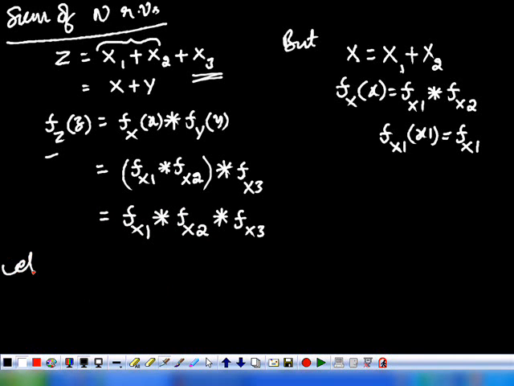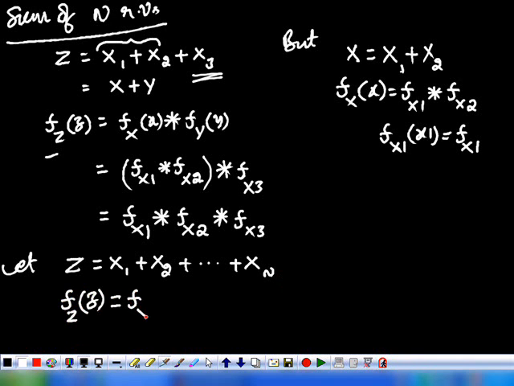Now let z be equivalent to x1 plus x2 and so on up to xn. That is, we have n statistically independent random variables, where z is the sum of these random variables. Then fz of z is equivalent to the convolution of the density functions of x1, x2, and so on up to xn.